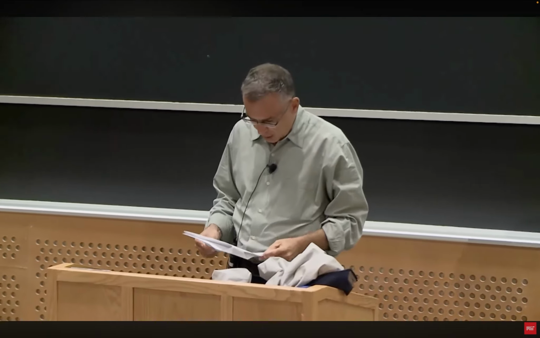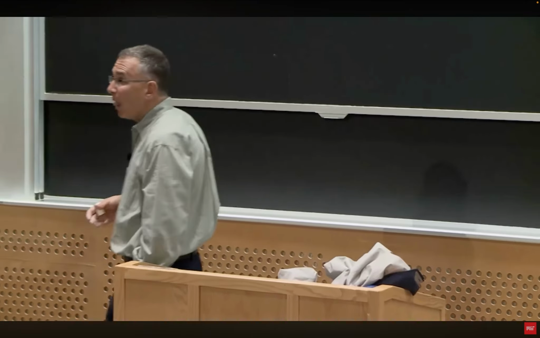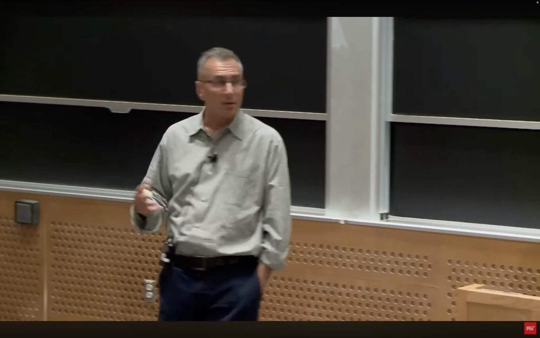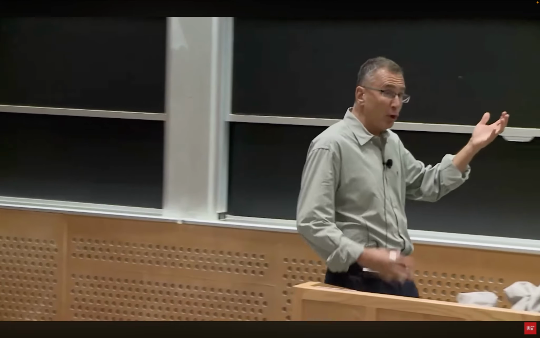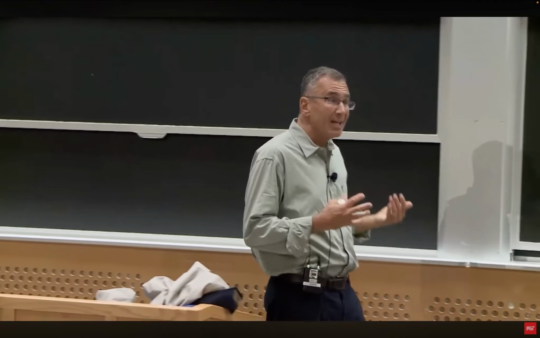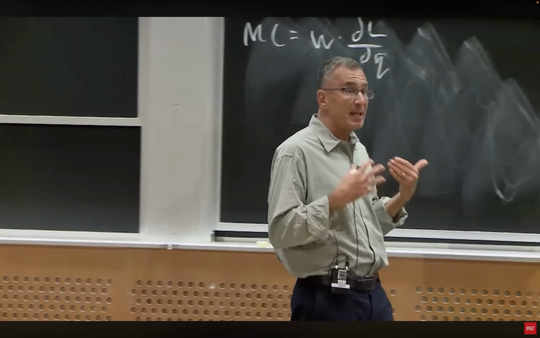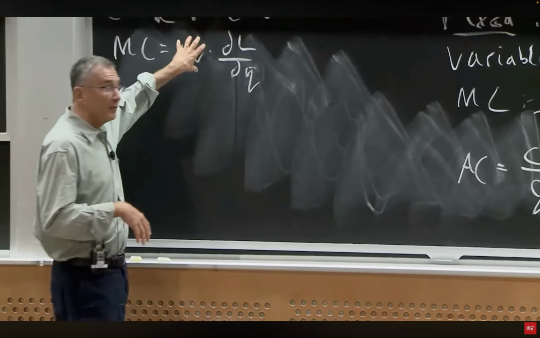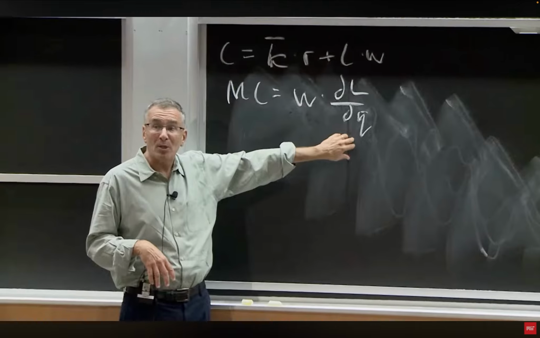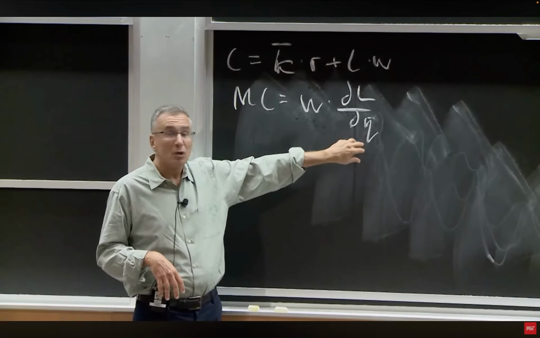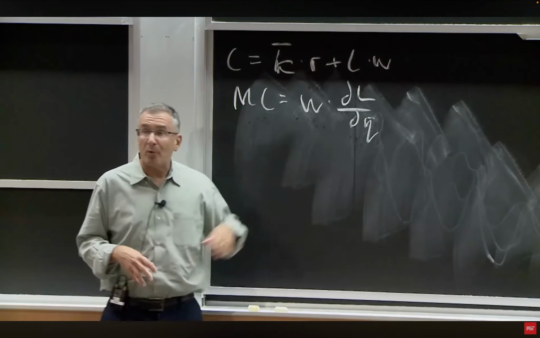So the marginal cost of producing the next unit is the price per unit of labor times how many units of labor it takes to make the next unit. This is the price per unit of labor, W. This is how much labor it takes to make the next unit. So the marginal cost of the next unit is the product of those.